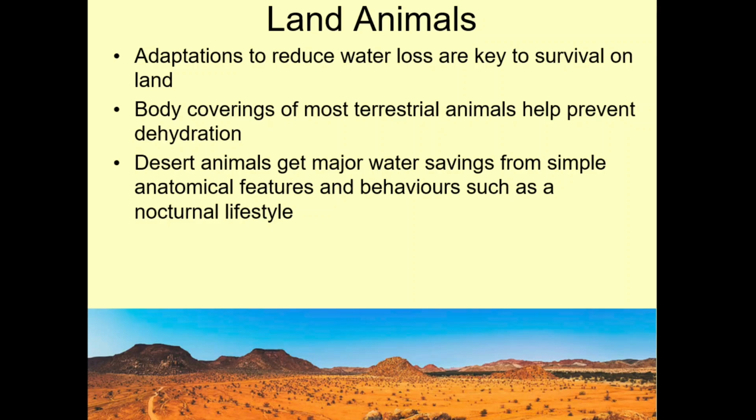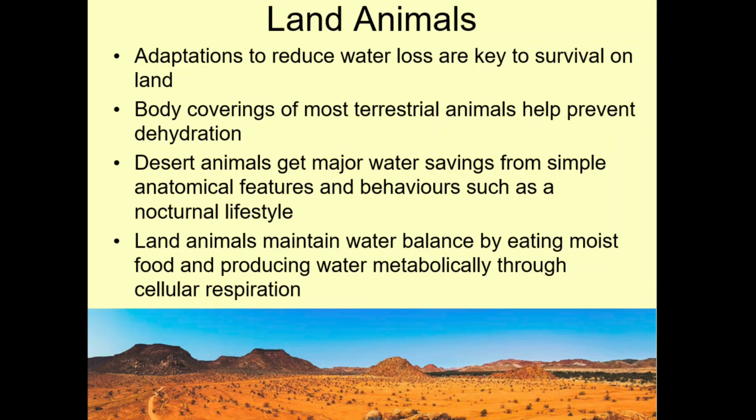They will adopt a nocturnal lifestyle, not only to avoid the incredibly hot temperatures during the day, but also to stay away from the increased risk of desiccating, of losing water through evaporation during the day. If you're out at night, not only are you not overheating, you're vastly reducing the amount of water that you're going to lose through evaporation.